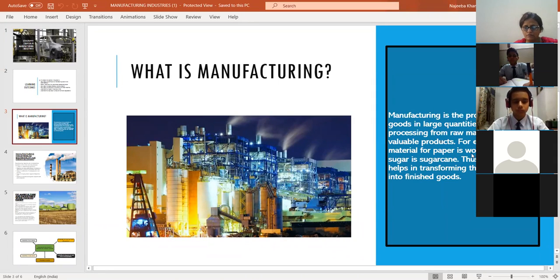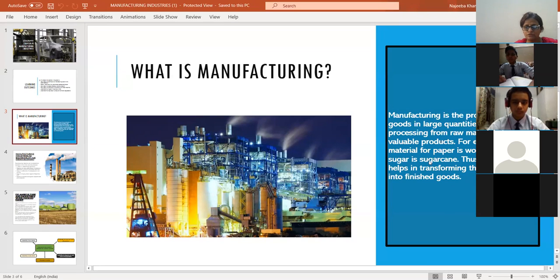So two examples have been given here by which you can understand how raw material is converted into finished goods. Wood is a raw material for which industry? Paper manufacturing. So wood is a raw material and paper is a finished good. And then again, sugarcane is a raw material for the sugar industry, and the finished product is sugar.